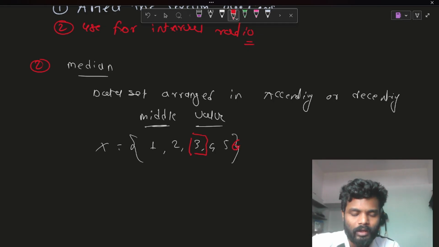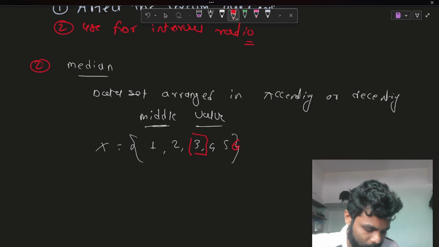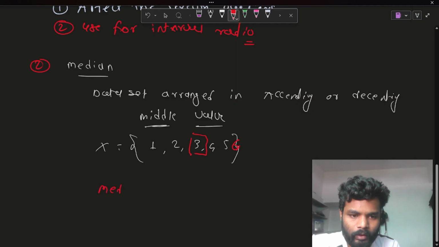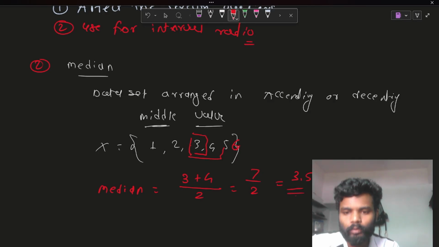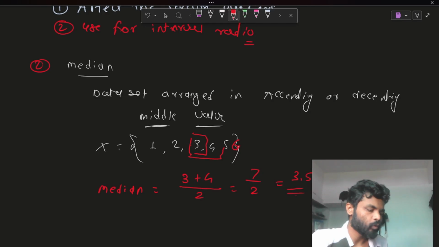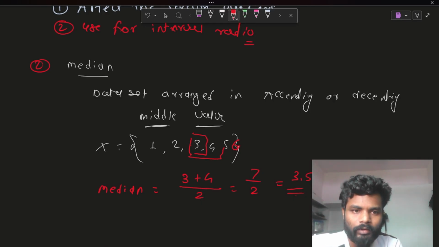In that case, the median is 3 plus 4, the sum of the two middle values, divided by 2. That gives 7 over 2, which is 3.5. So this is how we calculate the median value. I hope that's useful for you and you understand what the median of that data set is.